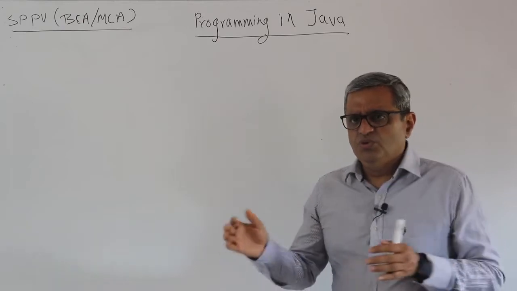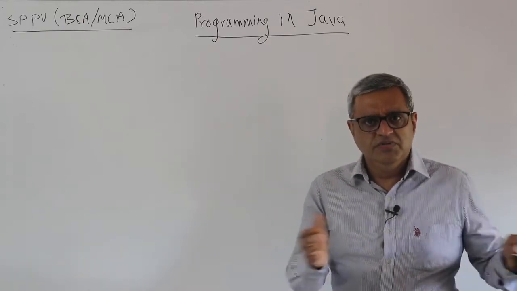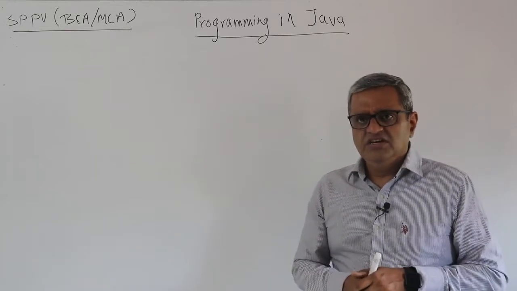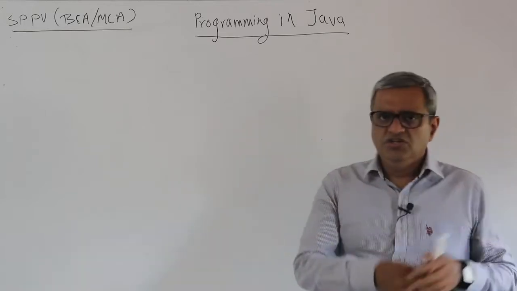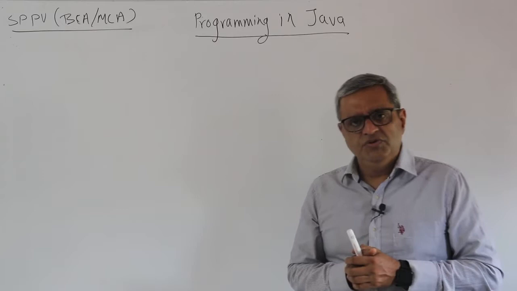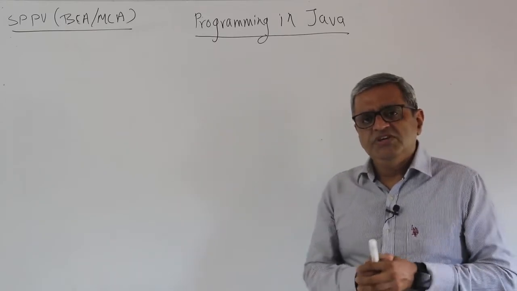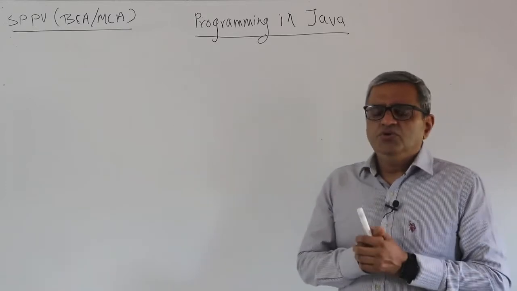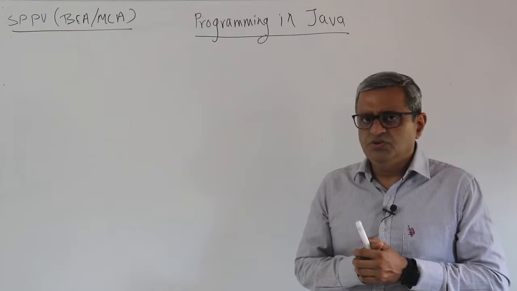So if you want to quickly brush up your fundamentals, basics, and if you have not seen these videos, I suggest you watch my first two videos on fundamentals of computing environment and different generations of language. Taking this discussion forward, today I want to introduce you to object oriented.